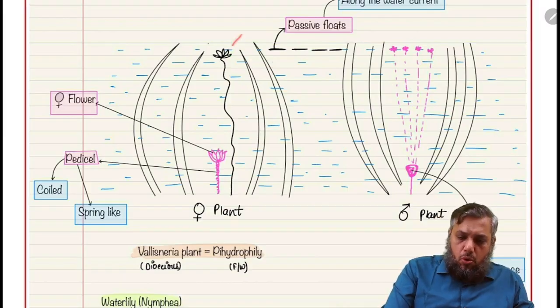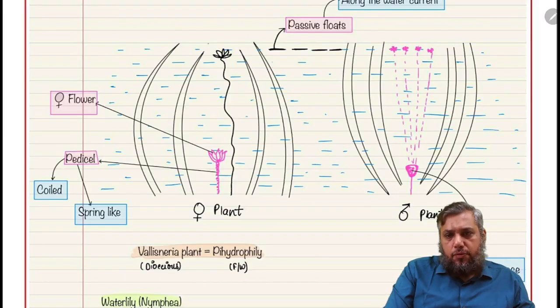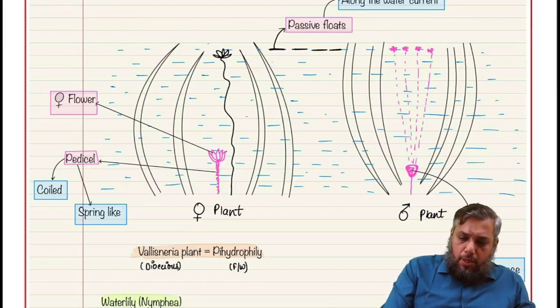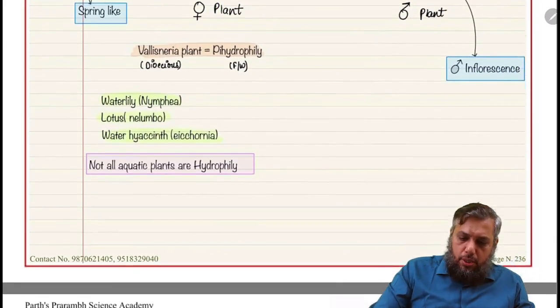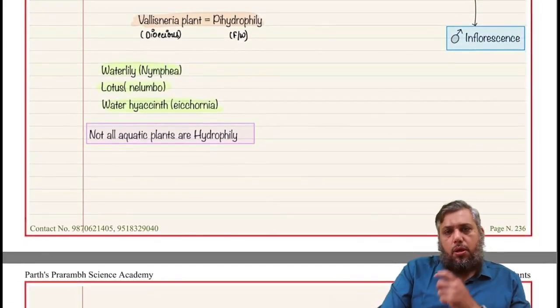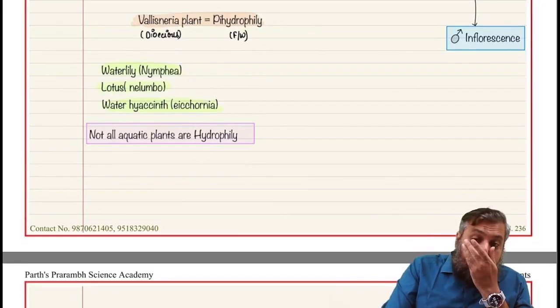Pollen grains will fall on the stigma. Pollination will take place above the surface of the water, which is called epihydrophily. Once again, the stalk will become coiled and fruit setting will occur within the water. So that is how it shows epihydrophily.